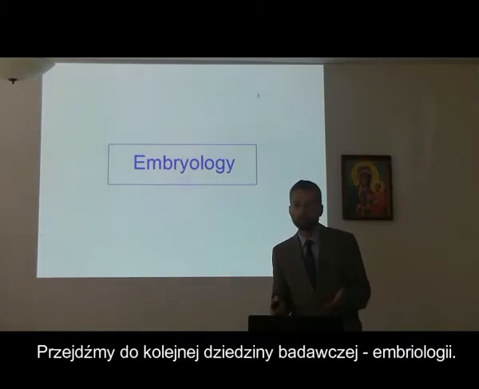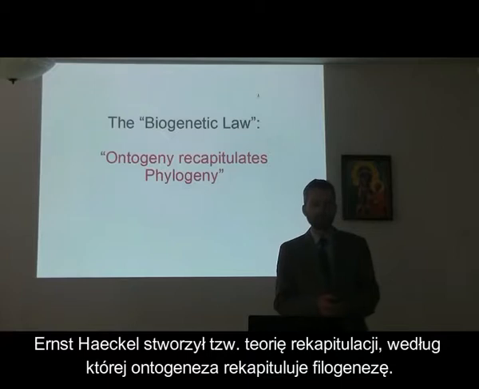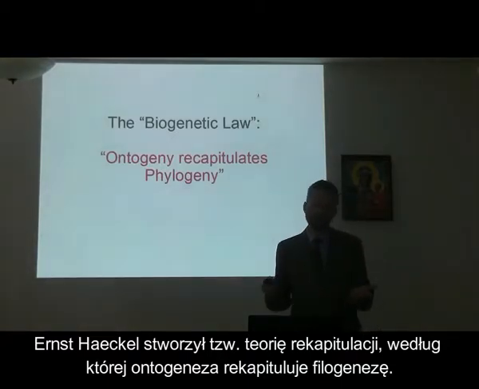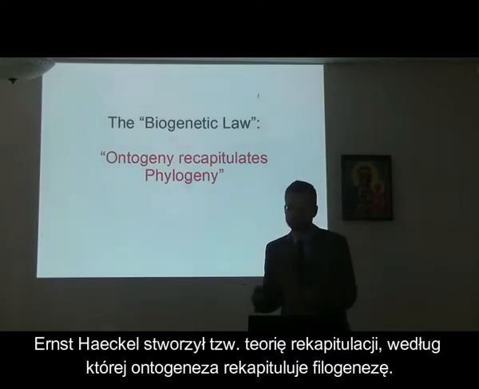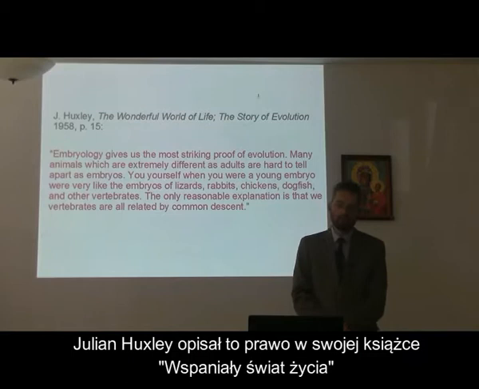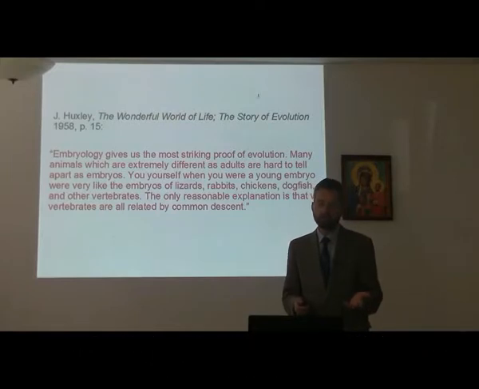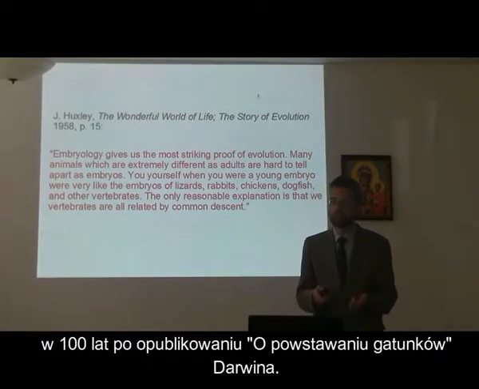Let us move to another research field, to embryology. Ernst Haeckel proposed the so-called biogenetic law, according to which, you may have heard this, ontogeny recapitulates phylogeny. That's the famous formula. And Julian Huxley described this law in his book, The Wonderful World of Life, 100 years after Darwin's publication, Origin of Species.